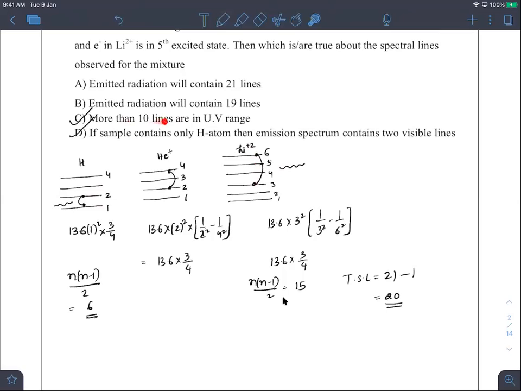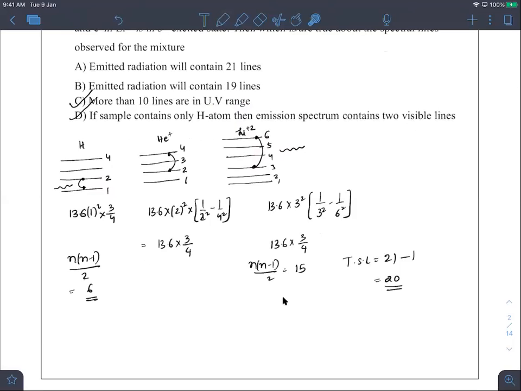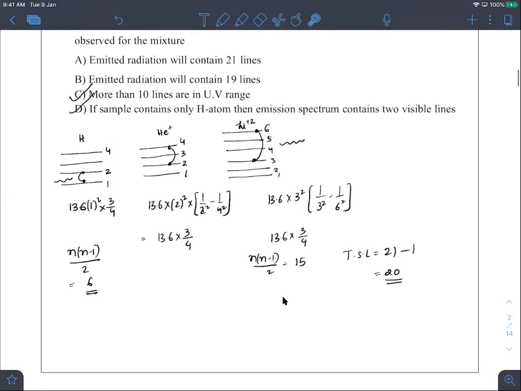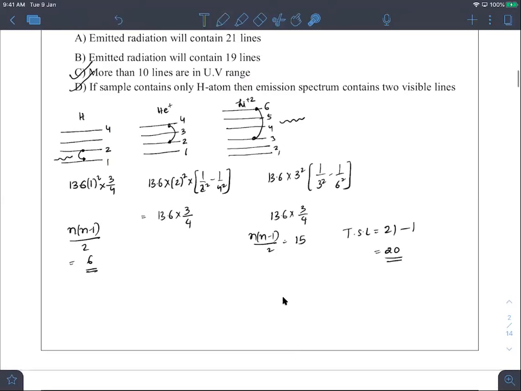Next, more than 10 lines are in UV range. UV is the case when you have Lyman series, which means in hydrogen, if it is falling from 4 to 1. So 4 to 1, how many are falling here now? I mean, sorry, anything higher to 1. So how many are we getting here?